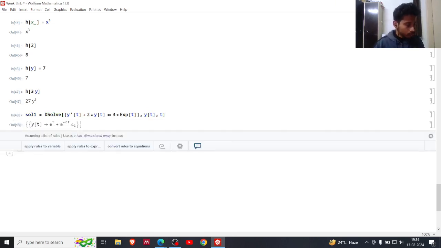So this is the differential equation, y'(t) + 2y(t) = 3e^t. This is the dependent variable, and this is the independent variable. Now the solution is y(t) = e^t + e^(-2t) c1.